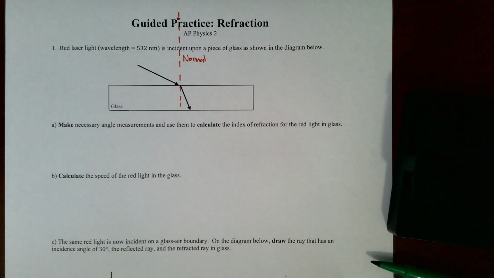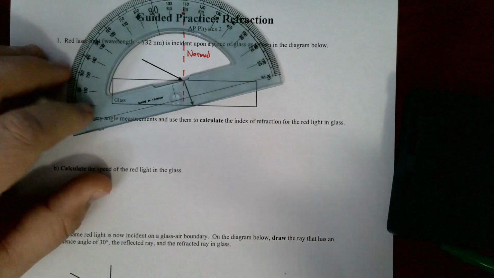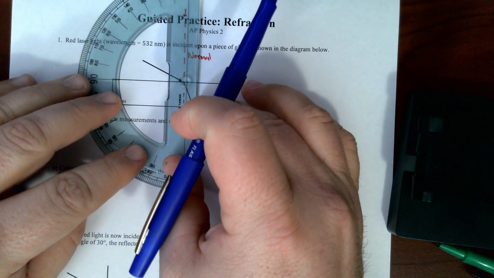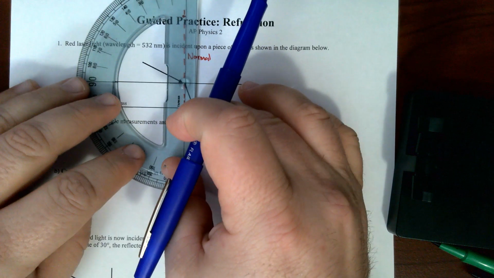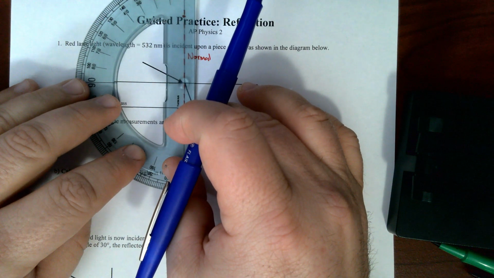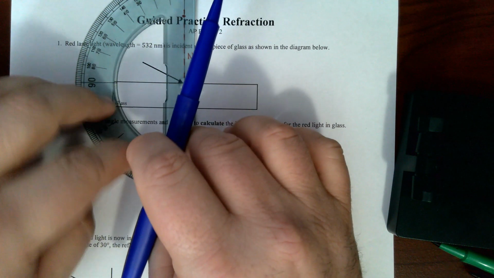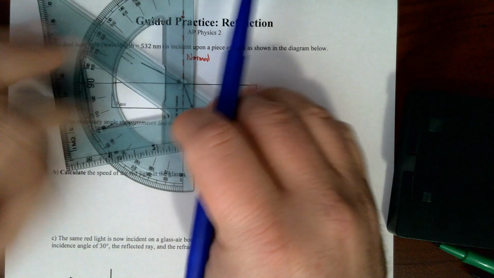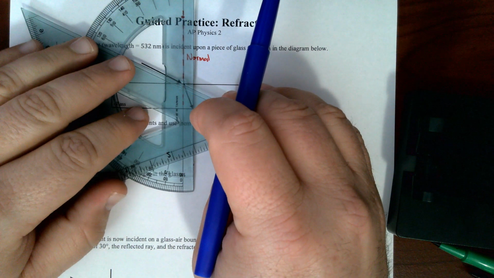Now when I take my protractor and line it up with normal, I can measure the angle of incidence of the light on the glass. I'm going to use this to extend that ray.